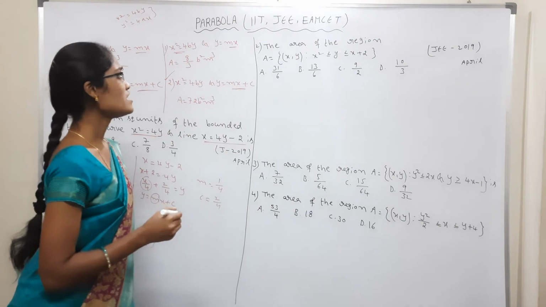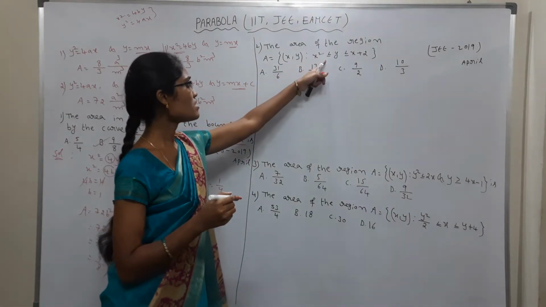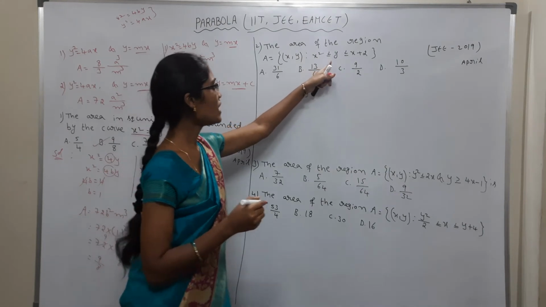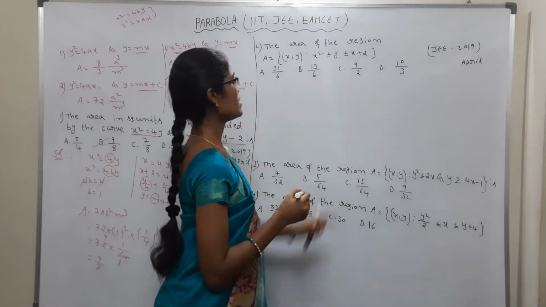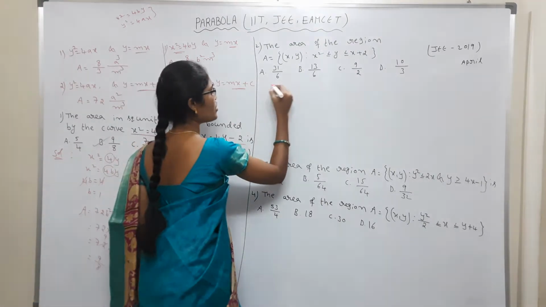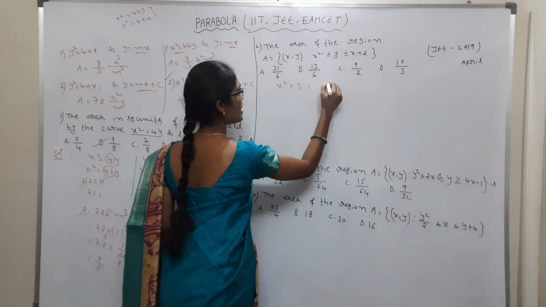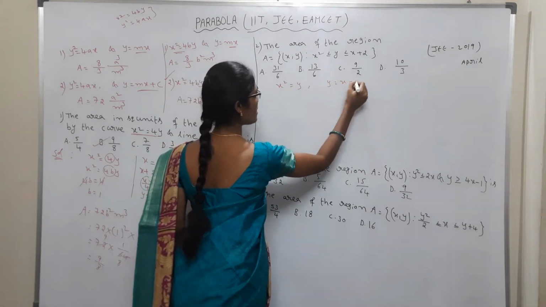Okay. Next, see the second question. The area of the region bounded by A is equal to the set of x comma y such that x square is less than or equal to y and y is less than or equal to x plus 2. How do you take the curve and line? Here x square is equal to y and the line is y is equal to x plus 2.